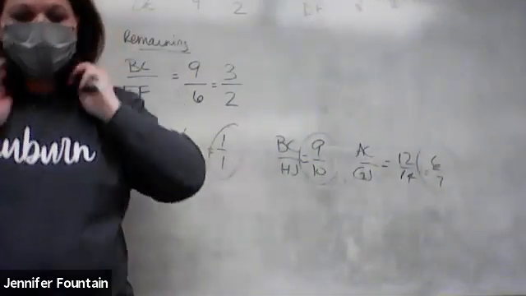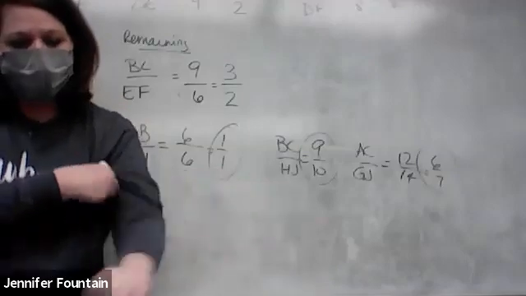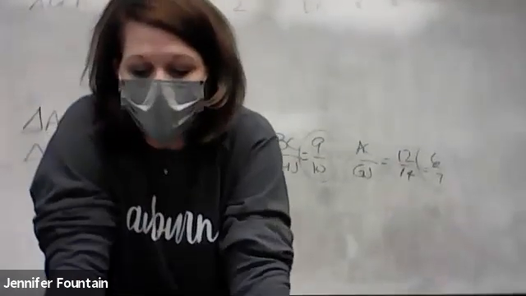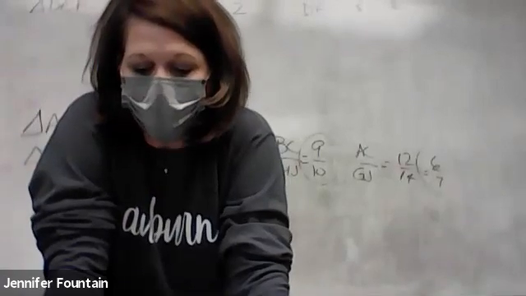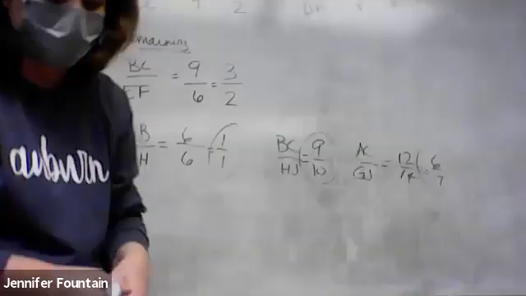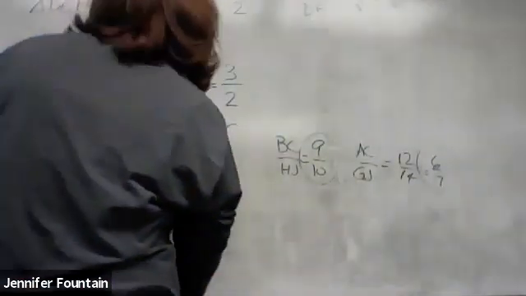All right, let's look at example 3, using the side angle side similarity theorem. It says use the given length to prove that triangle RST is similar to triangle PSQ. So when we look at this, again, I have triangle RST and PSQ.